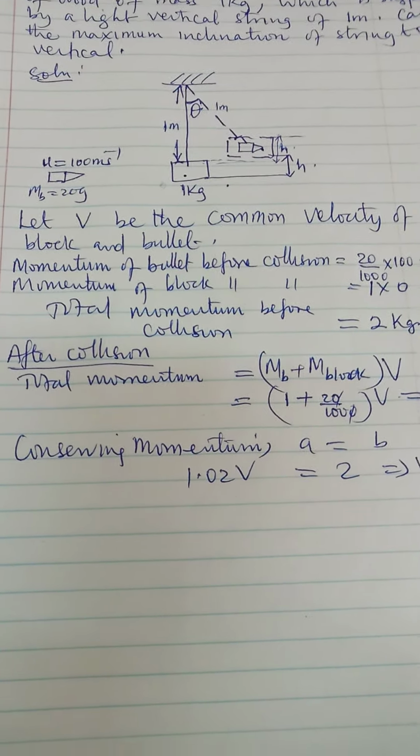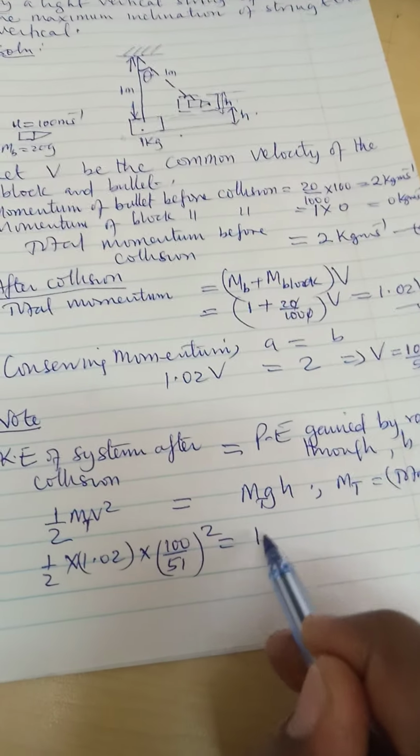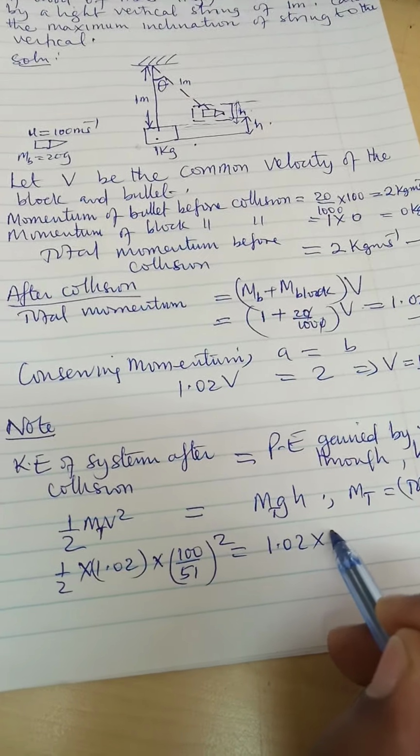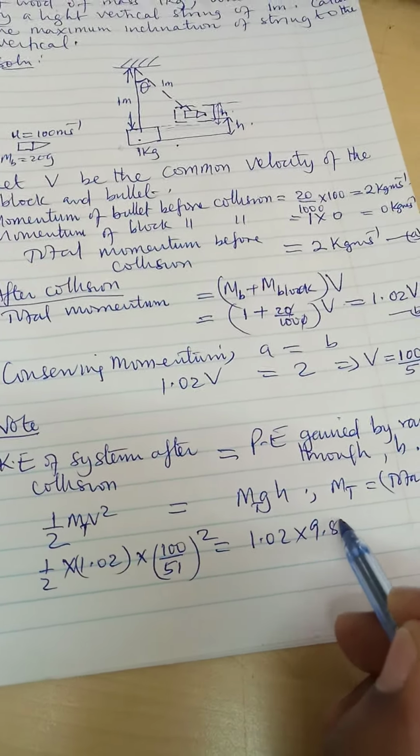Therefore, our kinetic energy of the system times the velocity that we have got, the common velocity, should be equal to the combined mass times g times h.